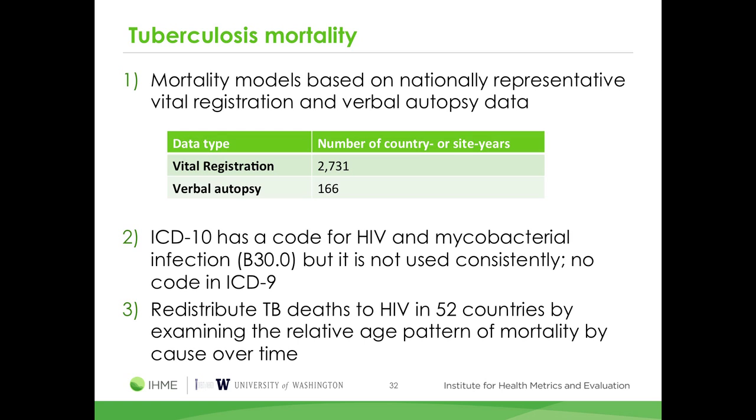Verbal autopsy in places like India, where the Million Death Study and other verbal autopsy studies give us a reasonable fix, and validation studies suggest that it's pretty decent for TB, although there's some tendency to misdiagnose COPD or lung cancer as TB, and there's always some concerns about that. But compared to many other causes, TB is pretty decent on the verbal autopsy front. So the cause of death material, I believe, is reasonable.